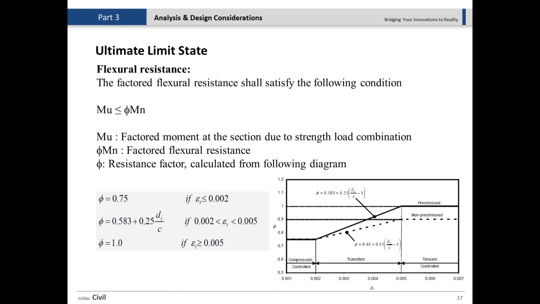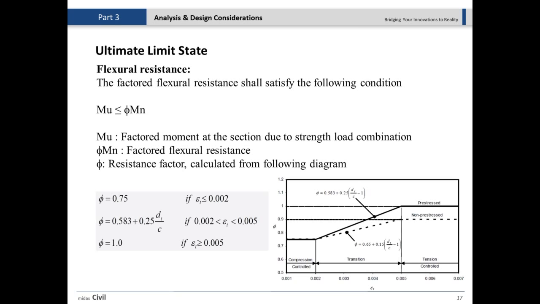So talking about each one, let's start with the ultimate limit state. For the flexural resistance, the general term is always that the capacity of the section should be larger than the demand that we have. So in general, φMn should be larger than the ultimate force that we have at the sections.